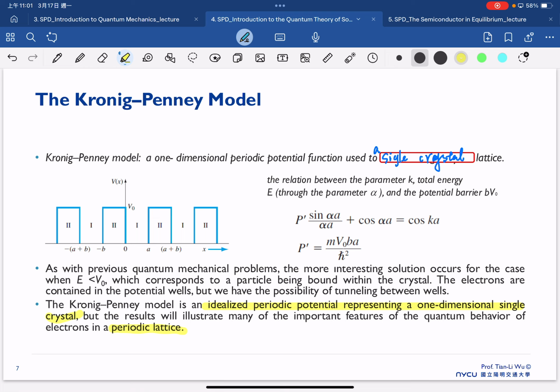So that's the main purpose of the Kronig-Penney model. Here, we won't talk too much in detail, but this is just for your information: in the previous case, we only considered a state function that was not periodic, just a single state function. But now we can also consider a periodic potential barrier as well.